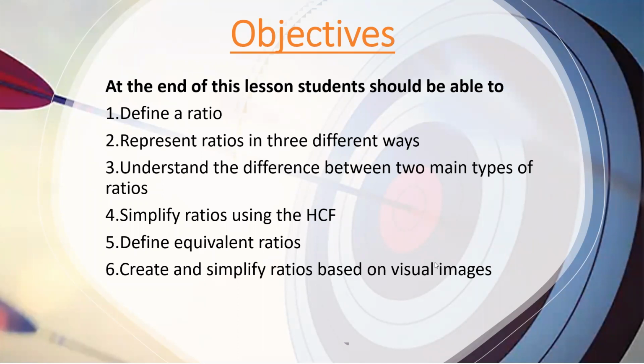We'll be looking at how to define a ratio. What do we mean by a ratio? Has anyone ever heard the word ratio? Yes. Someone said a ratio is a numerical correlation between 2 or more quantities.